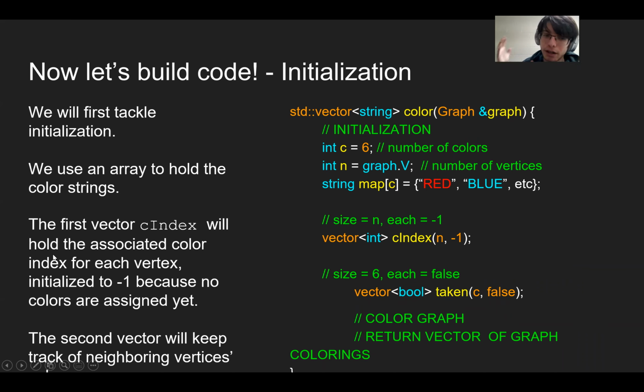So it holds the color index for every vertex, basically what color each vertex is. We assign -1, as we mentioned, and the size is 6 because each one is 6. This is for which colors you've taken so far, because if we haven't taken the first one, we're always going to use it, as I mentioned.